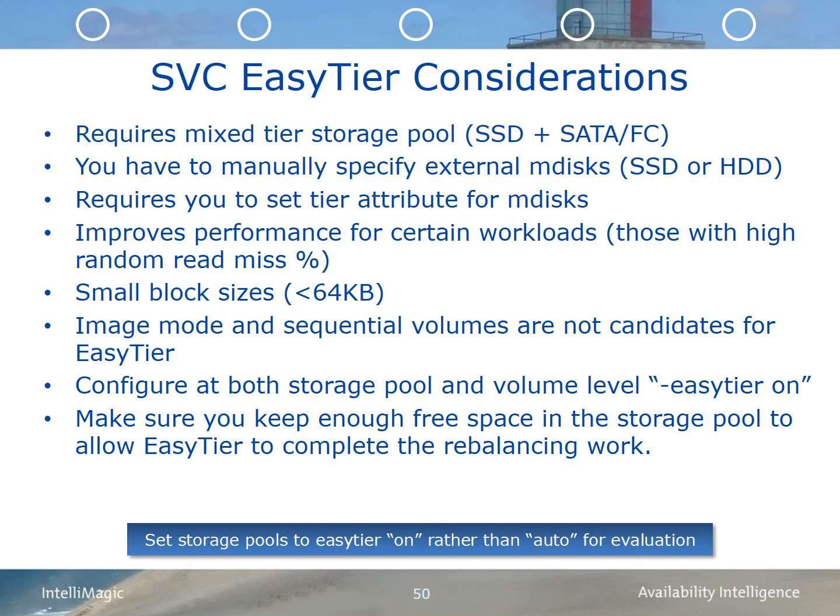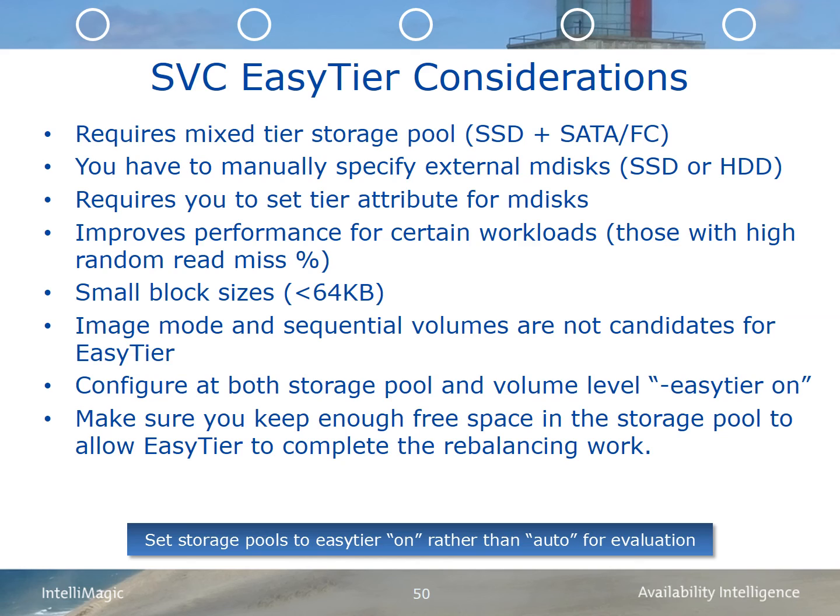Easy Tier requires a mix of tiers, so you need at least 2 types of disk technology, either SSD or flash, fiber channel, or SATA. So you need 2 out of the 3. You have to manually specify external MDisks as either SSD or HDD. This requires that you set a tier attribute for the MDisk. If you don't do that, they'll all be considered the same tier by SVC and Easy Tier.